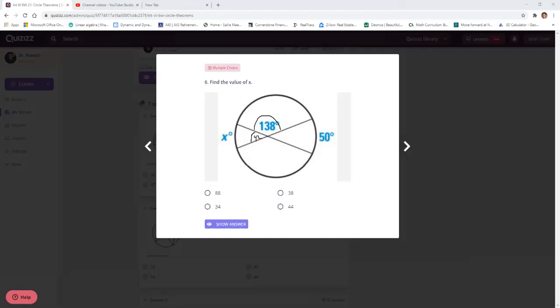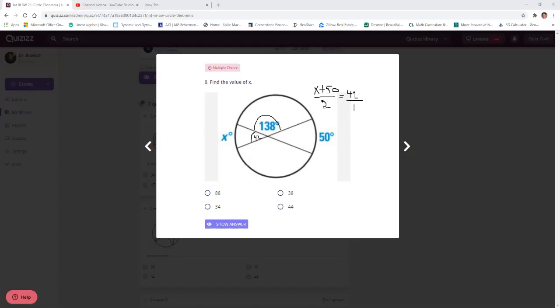So to find x, I'm going to say that x degrees plus 50 degrees divided by 2 is equal to the angle, and we figured out that that's 42. And I could rewrite the 42 as 42 over 1. That way I have a fraction on both sides.